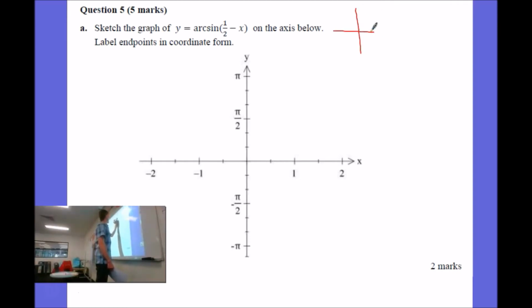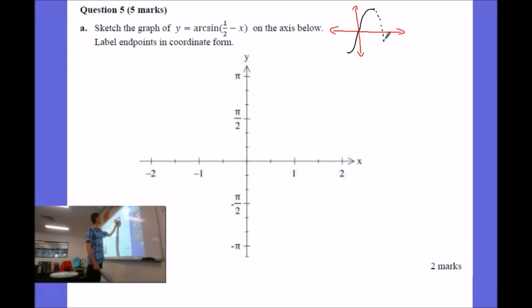Well, maybe I don't really know what the arcsine graph is, but I know that it's going to be a function of x, and it's the inverse function of the sine graph. So for my inverse function to be a function itself, the original sine graph has to be a one-to-one mapping. So the sine graph, for it to be one-to-one, has to be limited across the endpoints, across the turning or stationary points of our sine graph.